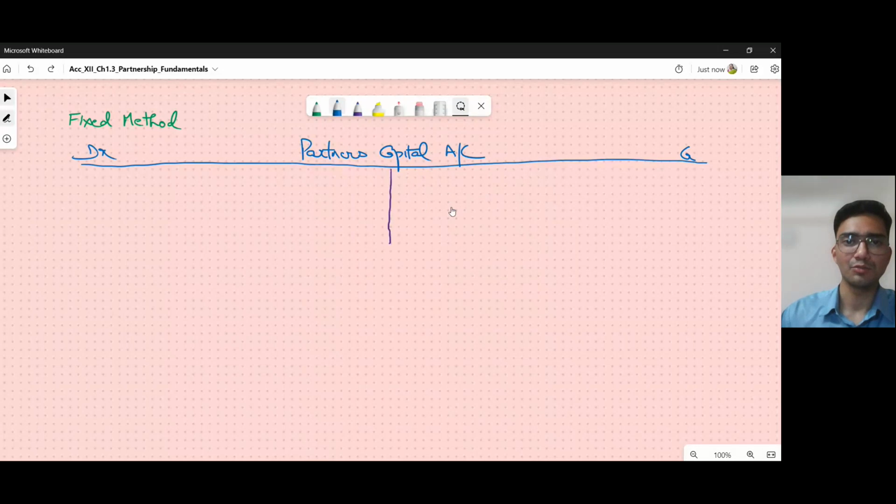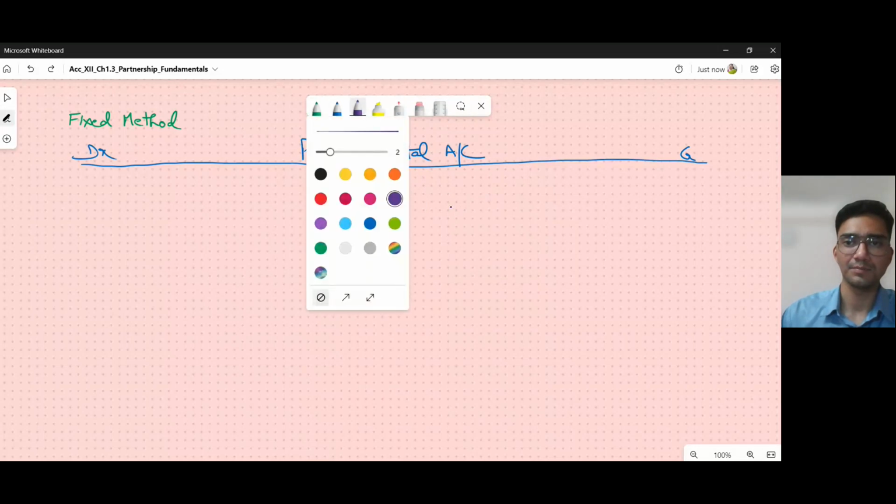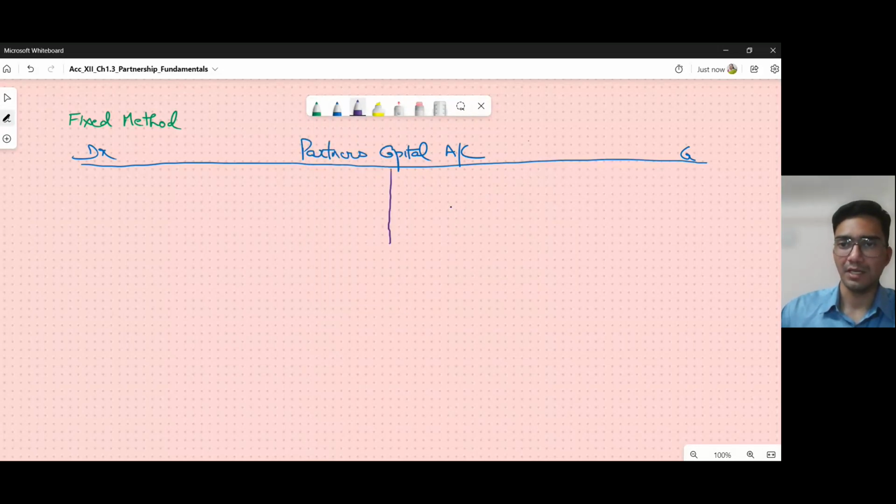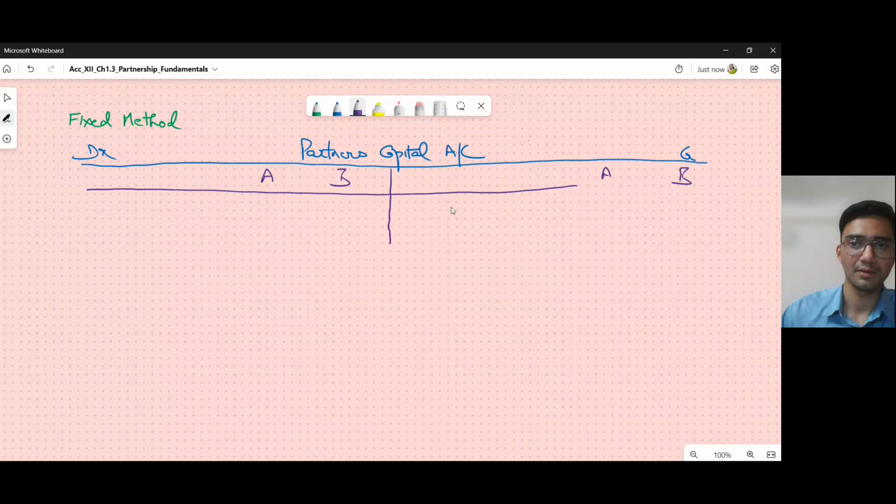So let's put the heading with two partners' names on both the sides. Let's say we have A and B as well on the other side. So A and B, two partners. These are the particulars that we enter here and here.